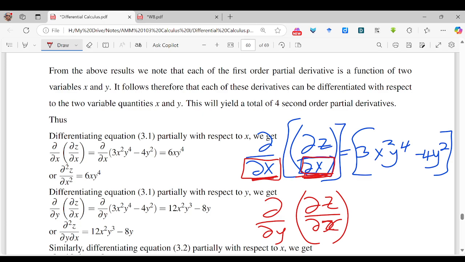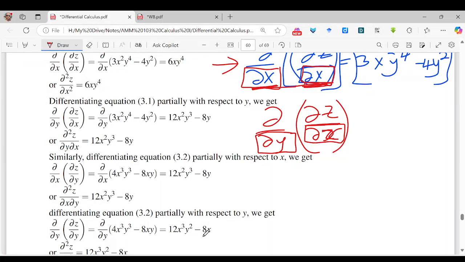So in the first case, we are differentiating the function z twice, partially with respect to x. But in the second case, we differentiate z partially with respect to x, then partially with respect to y, meaning that we call this a mixed second order partial derivative, because we have the differentiation with respect to x and also the differentiation with respect to y.